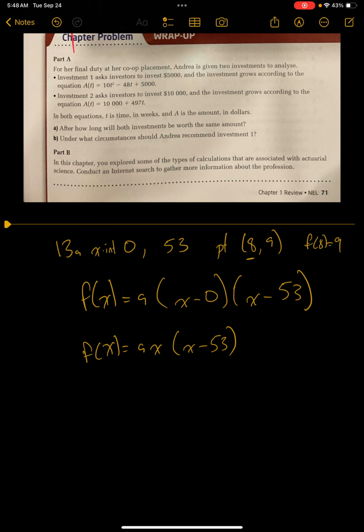So 9 equals 8a times, what's 8 minus 53? Get out your calculator so that you don't make a mistake. 8 minus 53 is equal to minus 45.